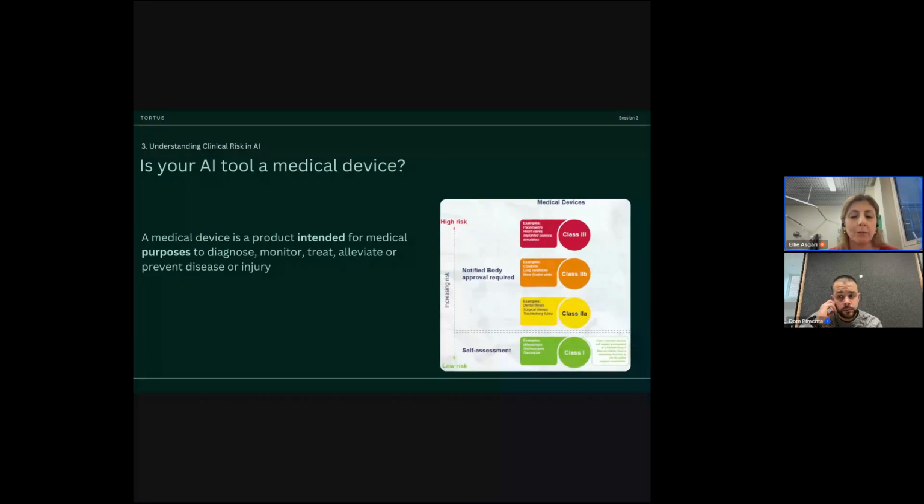But if you have the same watch and say, actually, my intended purpose is to find out if you have an irregular heartbeat and you're at risk of stroke, then that watch becomes a medical device and needs to go through all the regulation. So the intended purpose is very important, and identifying what class of risk your tool has would guide you on what kind of regulatory approval you require and how you need to go about it.